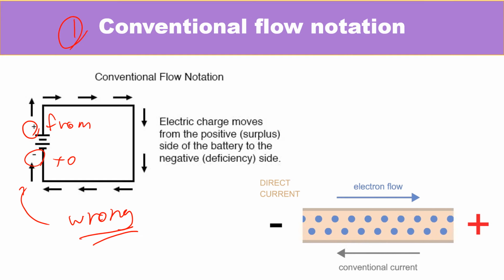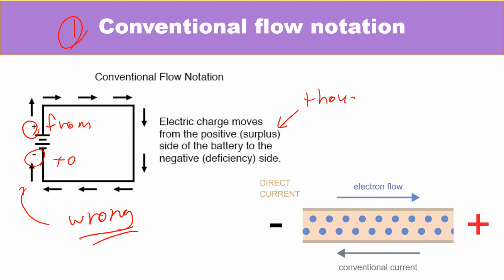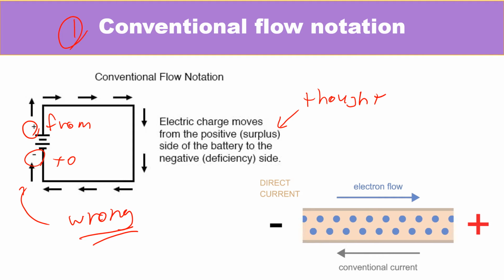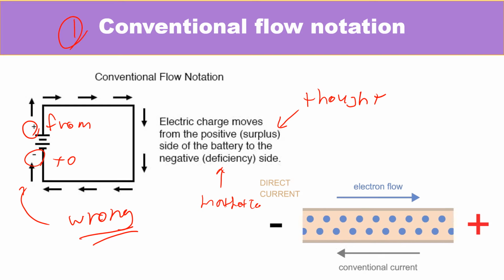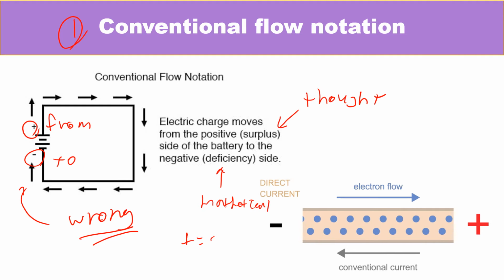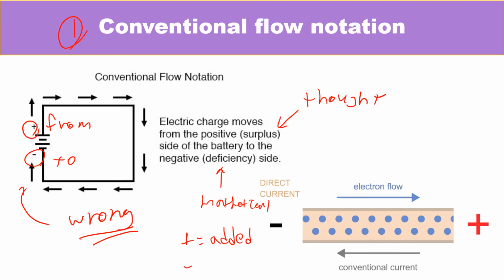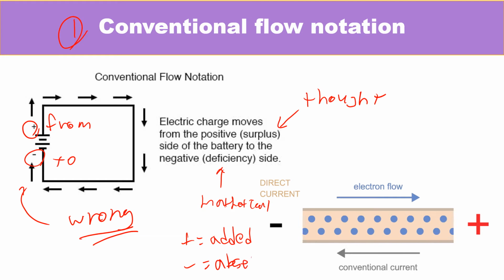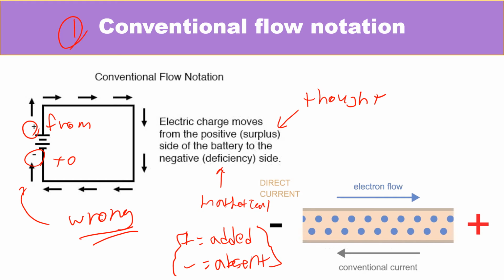Electric charge moves from what people once thought was the positive, surplus side of the battery to the negative, deficiency side. This is a very mathematical way of thinking. If you think positive means you add, so you have more, and negative means absent, that simple thinking is what people had.